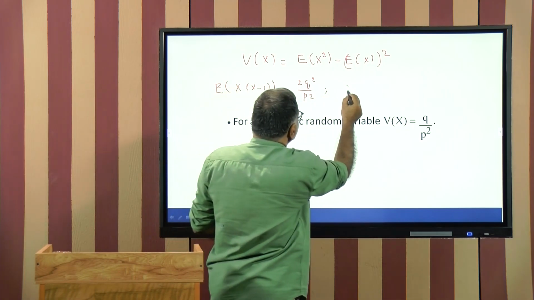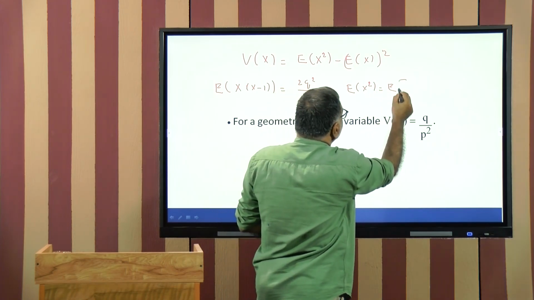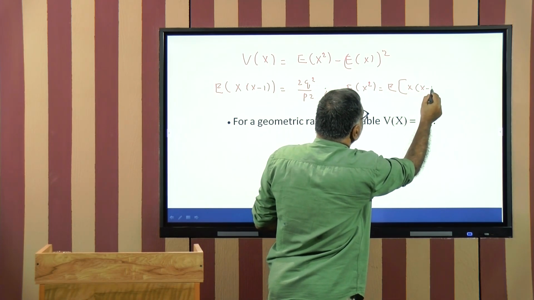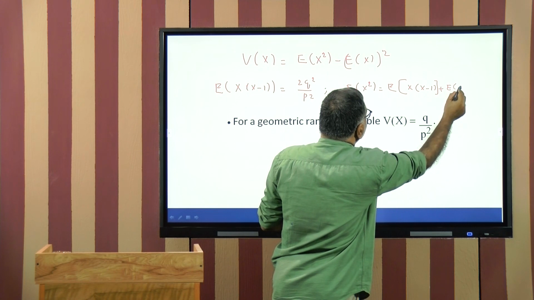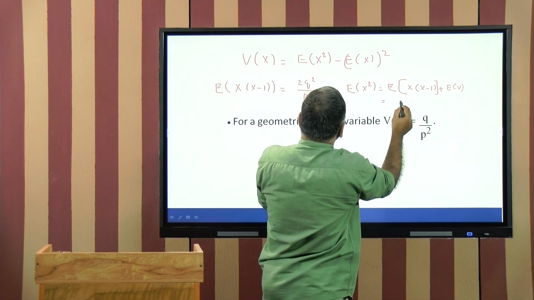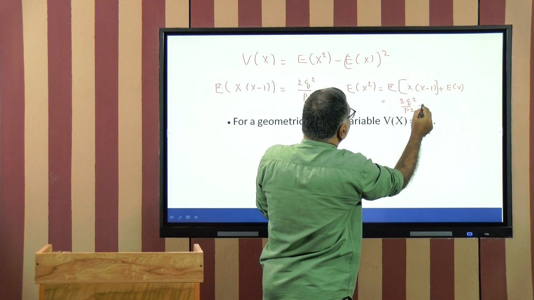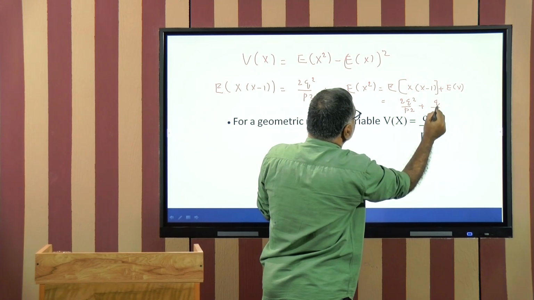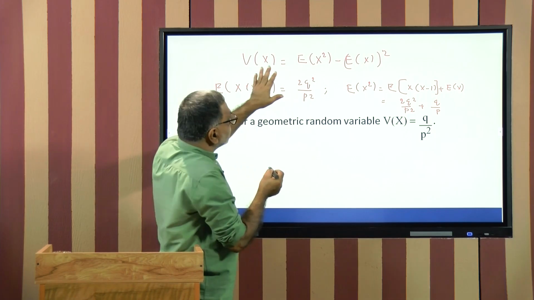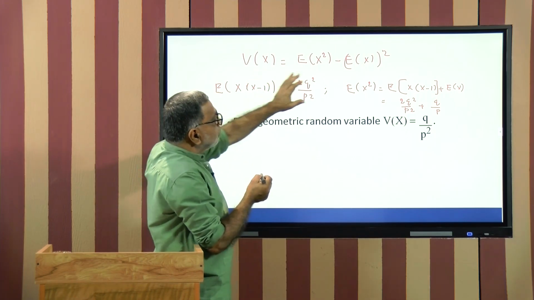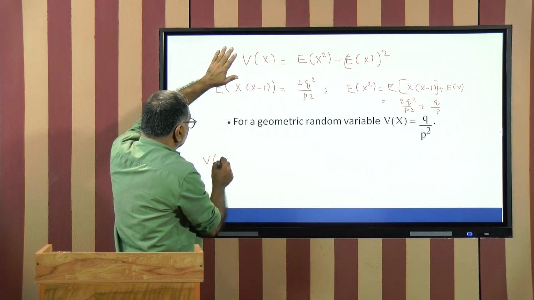So, expectation of x square is equal to expectation of x into x minus 1 plus expectation of x. So, that is 2 q square divided by p square plus, as we established earlier, expectation of x as q by p. So, using the expectation of x into x minus 1, we have expectation of x square.